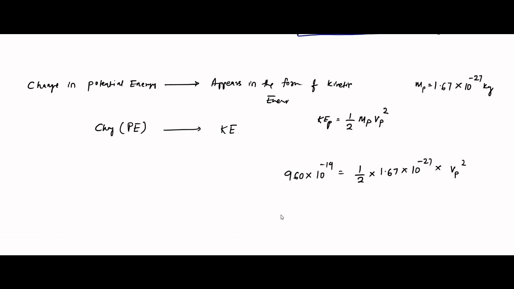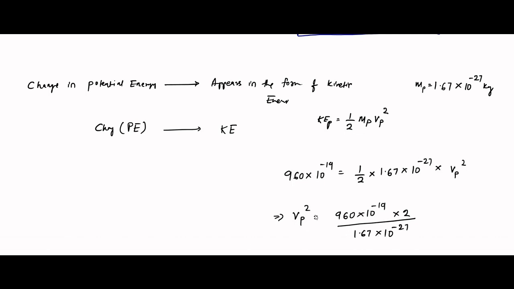That implies Vp square is equal to 960 into 10 to the power minus 19 into 2, because the denominator goes upwards, divided by 1.67 into 10 to the power minus 27.